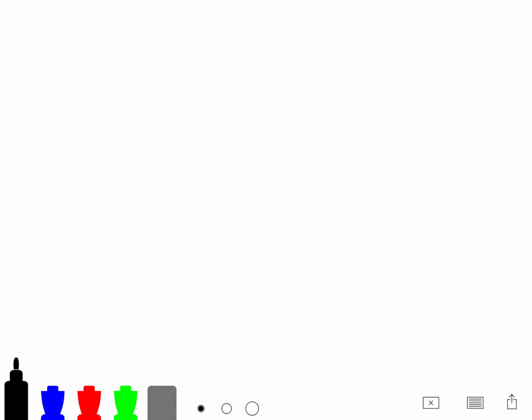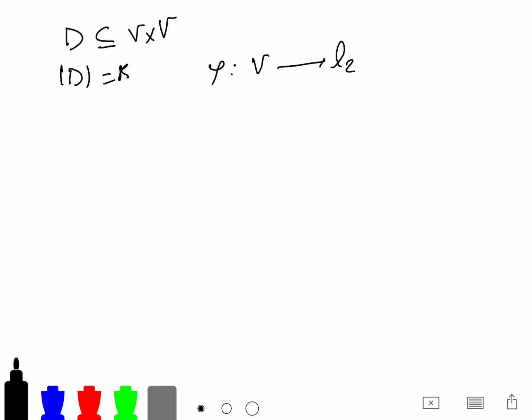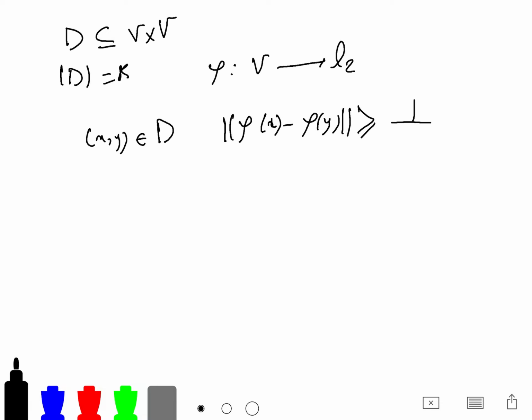There is a theorem in this article that says: given a negative type metric and a set of terminal pairs, where the cardinality of the terminal set is K, there is a contracting embedding from V to L2 such that for all pairs X and Y in the terminal set, the norm of f of x minus f of y is greater than d of x and y divided by root log k.